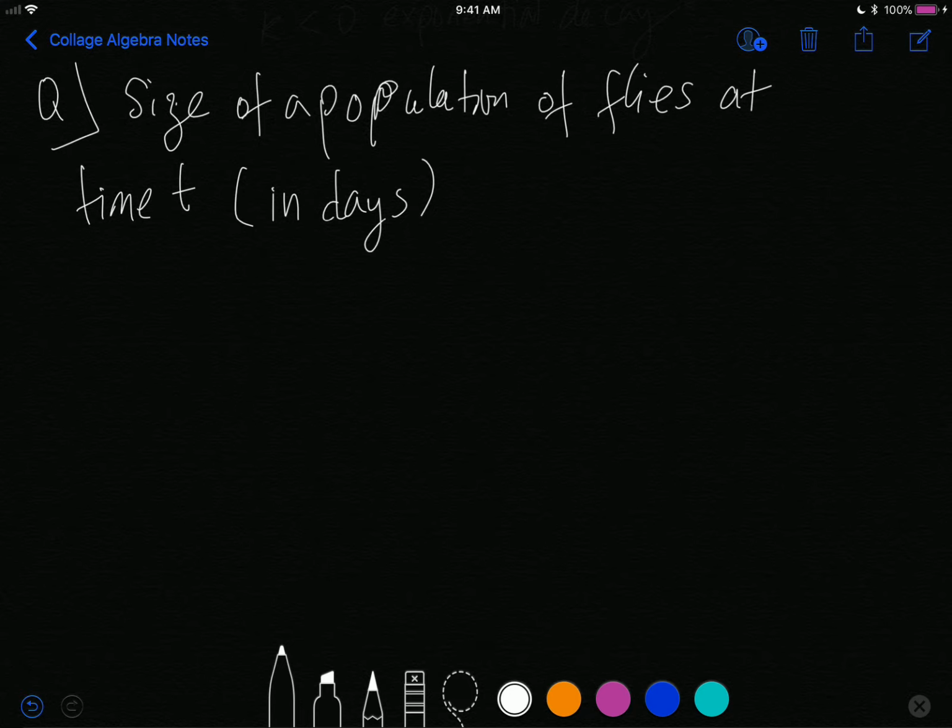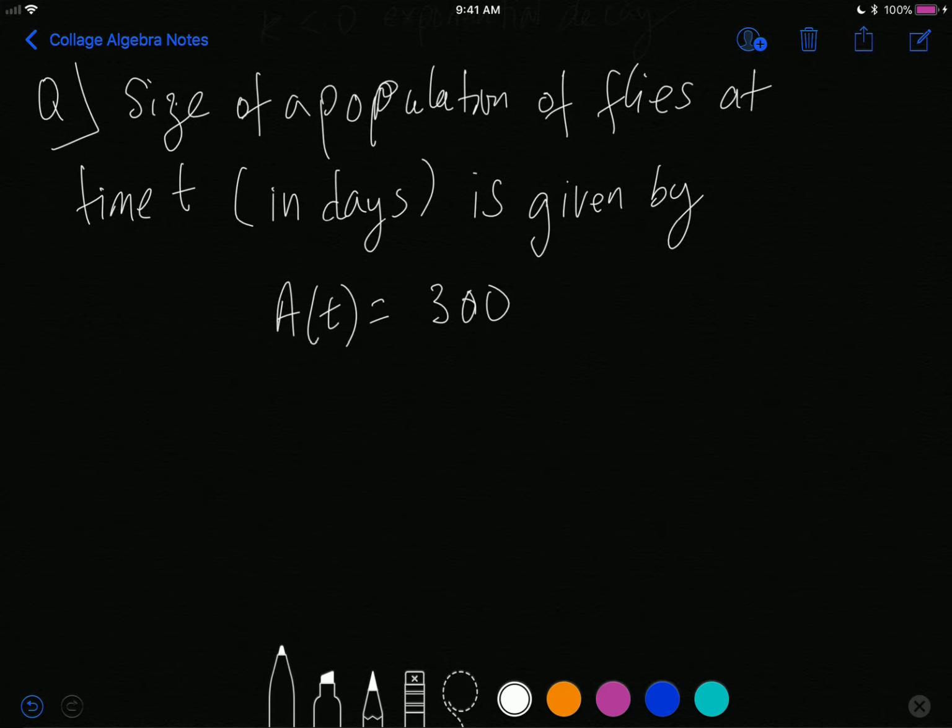So if you're given hours, you gotta convert those hours to days. It is given by: the amount of flies at time t is 300 e to the 0.05t. Right, so they give us some basic information, and then they're going to start asking us some questions about it.